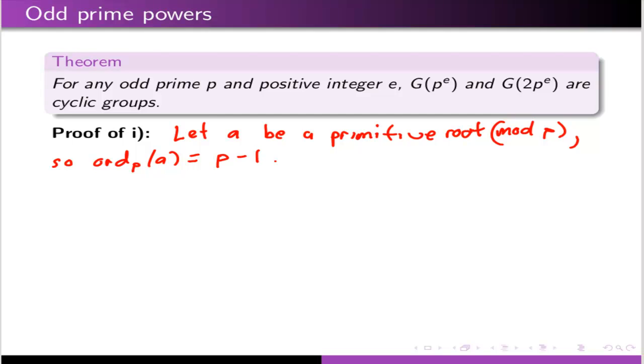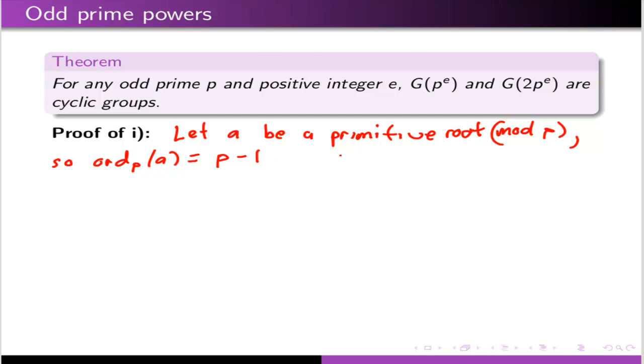Now it'd be really nice if this number a happened to be a primitive root mod p to the e. And it turns out that a lot of times it will be. There's an easy way to tell when the value a is going to be a primitive root mod p to the e power.